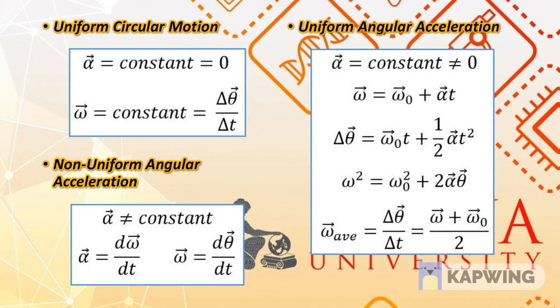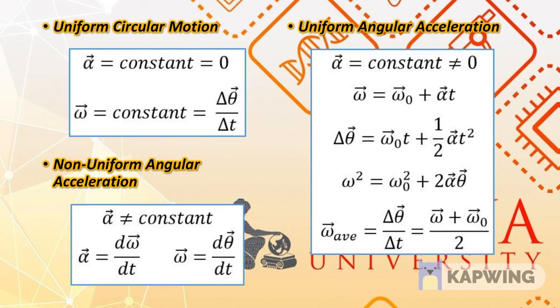As you can see, if you recall your equations for motion in a straight line kinematics, you will recognize that the equations for angular kinematics, as I have mentioned earlier, follow the same form as the linear motion kinematics.